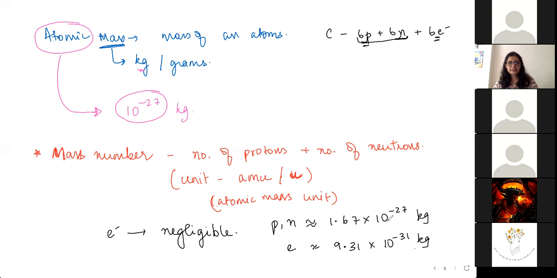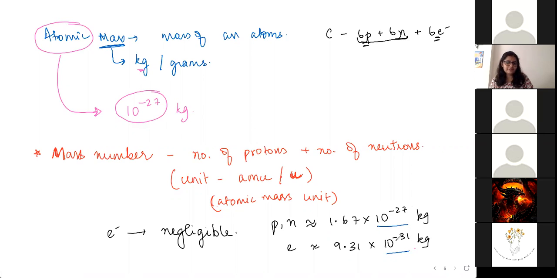Do these numbers make sense to you? Is it giving you the scale of how big and how small? Protons and neutrons are already very small, almost 10 power minus 27. Electrons are even smaller, going down to 10 power minus 31.